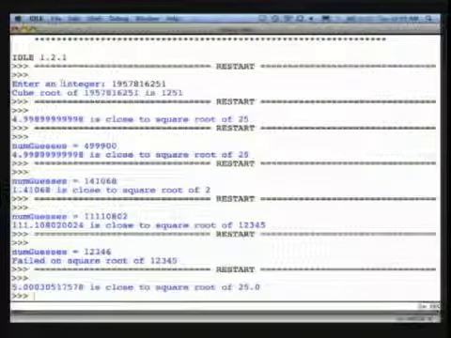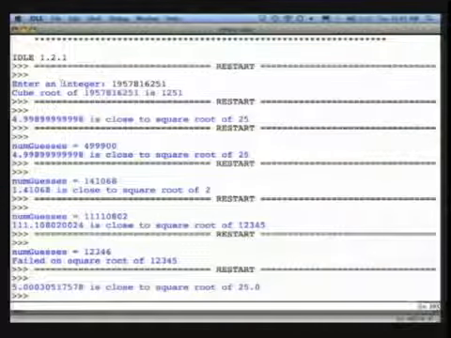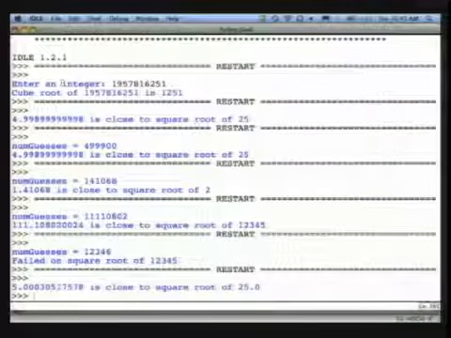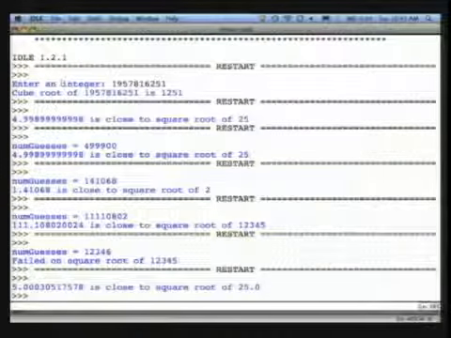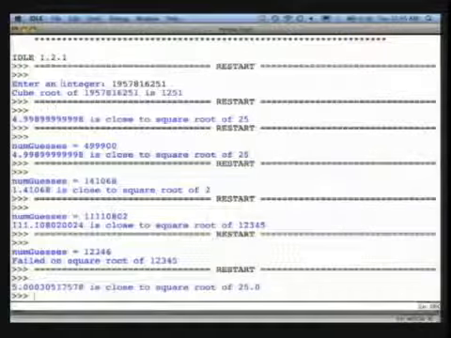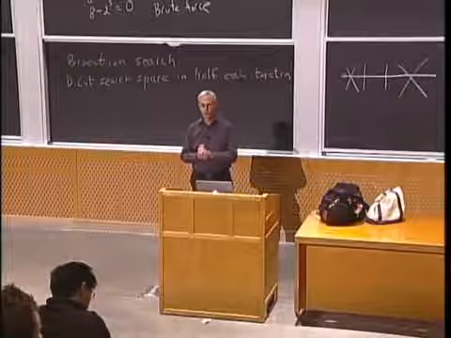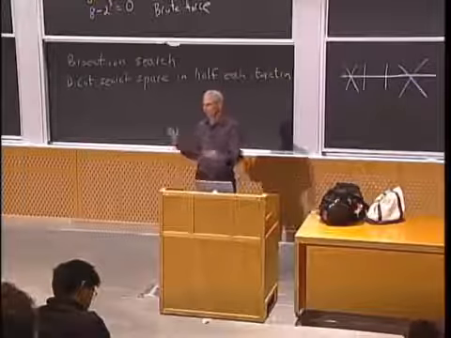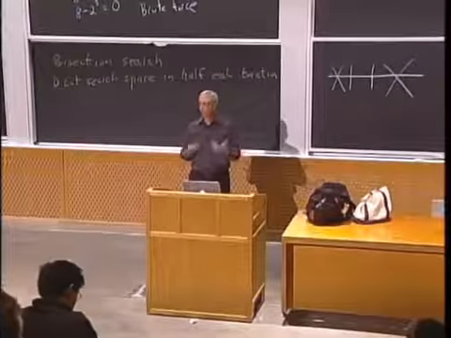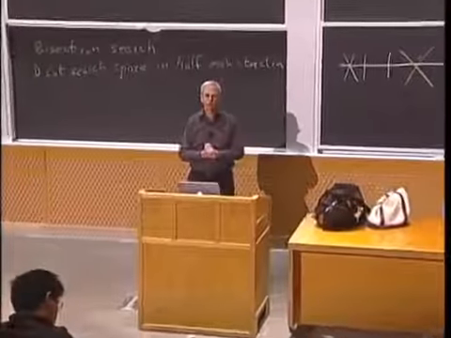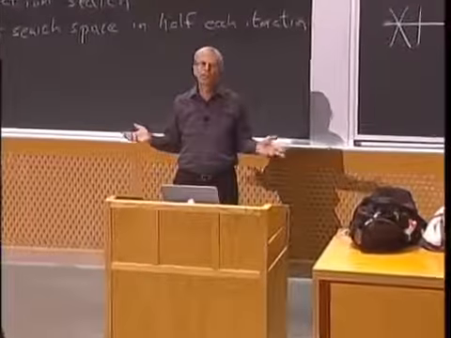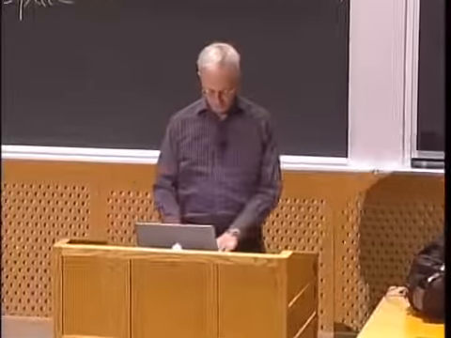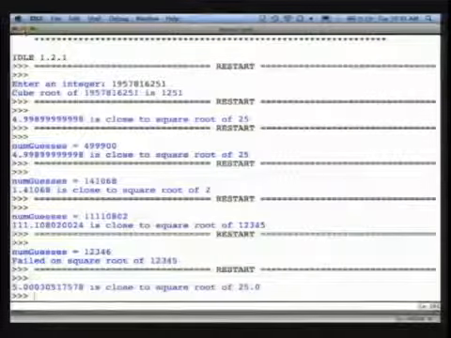Notice that it's different from the answer we got last time we looked for the square root of 25. But that's okay, because it still meets the specification. It's still within epsilon of the actual square root. And I didn't have to say that I wanted it below or above the square root. Just said within epsilon. Sure enough, different algorithm, different answer, but equally good. But a lot faster. Now let's try it for the big value.